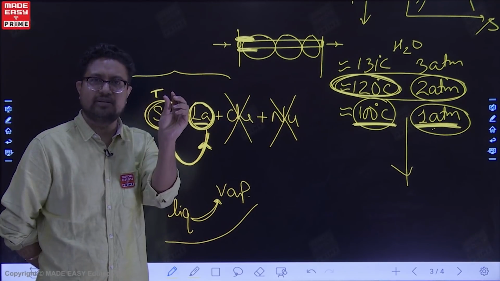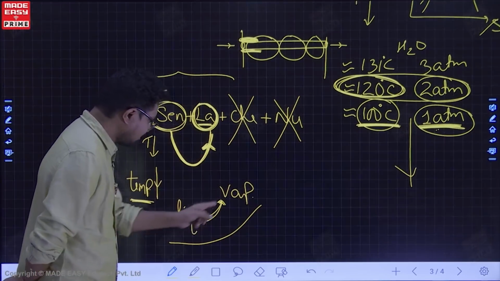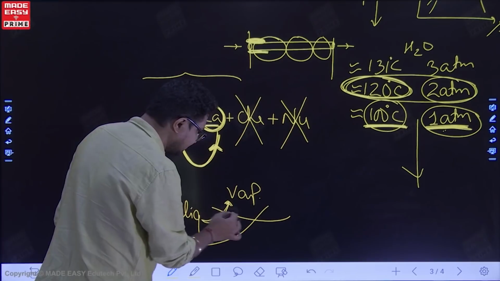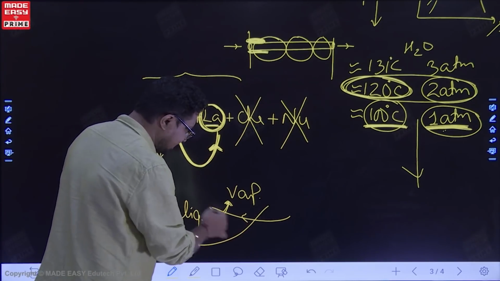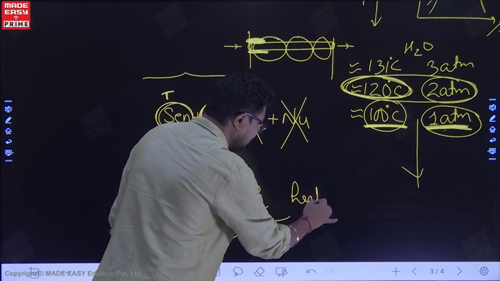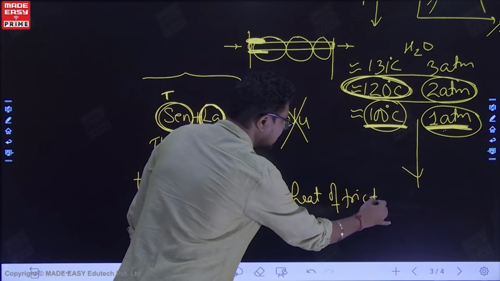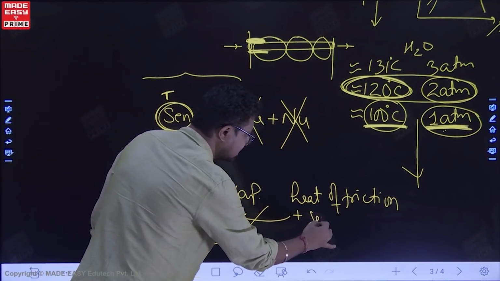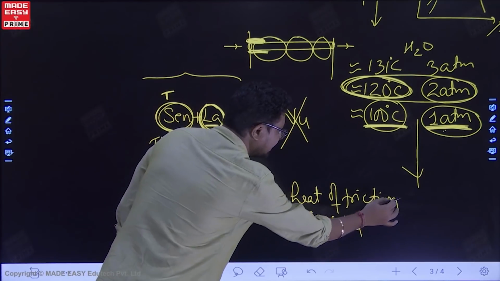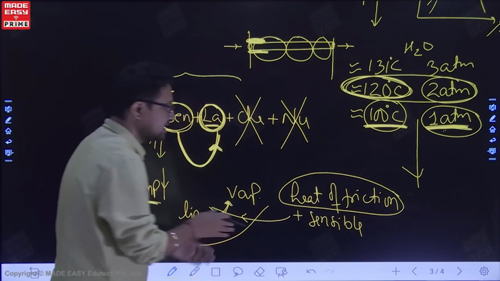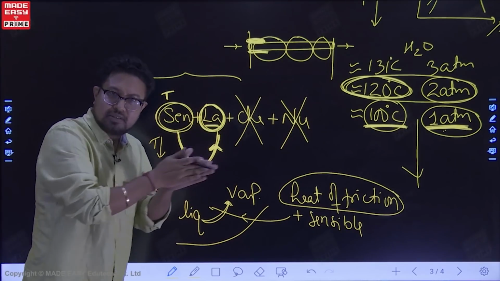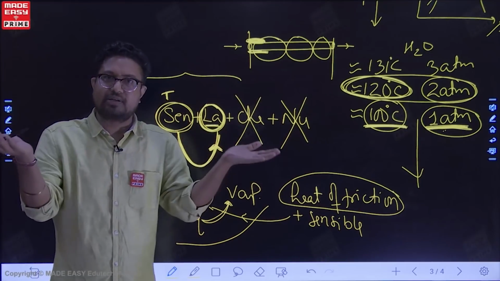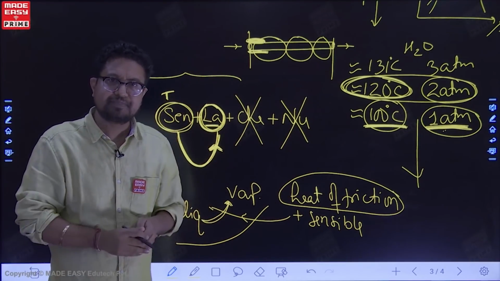Some of the energy for phase change comes due to heat of friction, and the remaining energy for the phase change comes from sensible energy. Heat of friction is generated as the pressure drops. So, finally, the total energy before and after the throttling is almost the same.